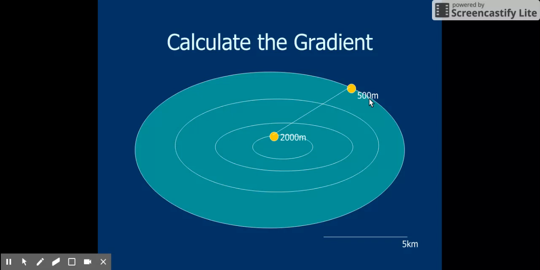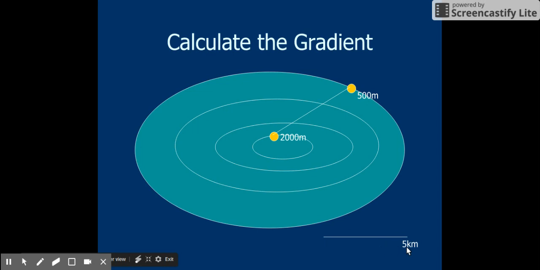Now you must divide that by the distance between those 2 points. To find distance, we use a scale. At the bottom of your map, you'll see a line with a number on it. In this case, the scale is the same size as the distance between my 2 points. It won't always be that way, but you can use a piece of paper, measure it, and then put it down on the scale and see how it fits.